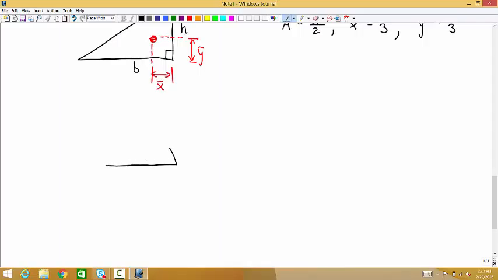Second one is a quarter circle. For this one, we're assuming it has a radius r. The centroid is here, and we'll measure X bar from the center of what would be the circle, and Y bar is from the center. Then the area of this shape is pi r squared over 4.